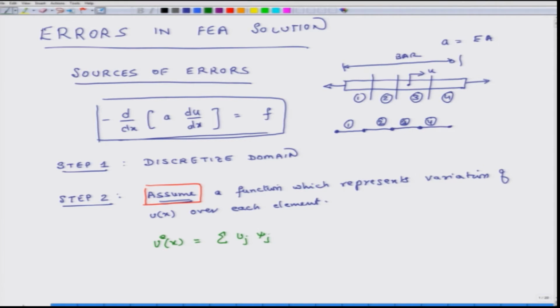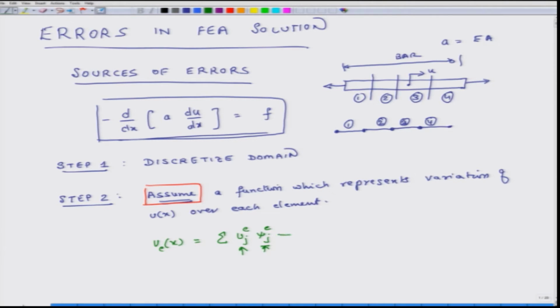Here these u_j's are unknowns and psi_j is a known function.